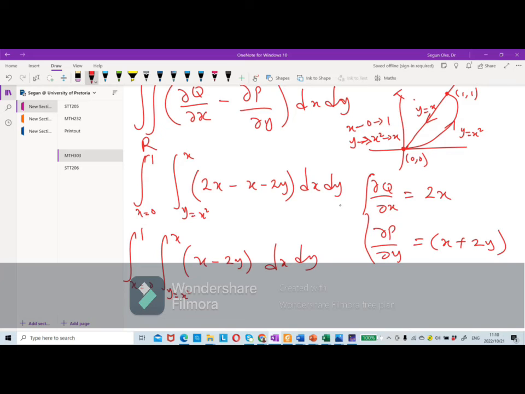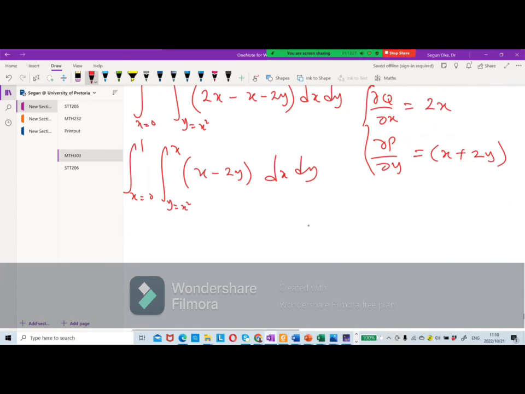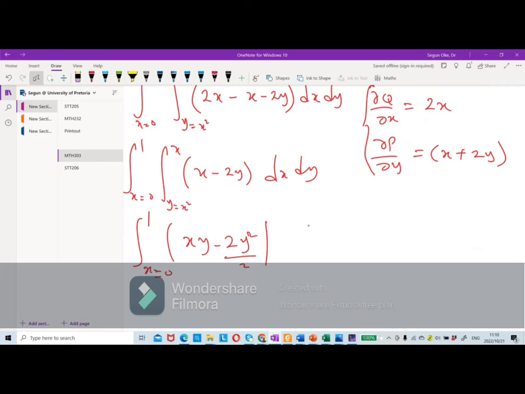I can use my y. If I'm using my y, what do I have? Let me integrate y. So I'm going to have x from 0 to 1, xy minus 2 times y squared over 2, dx. So I have the integral from 0 to 1.